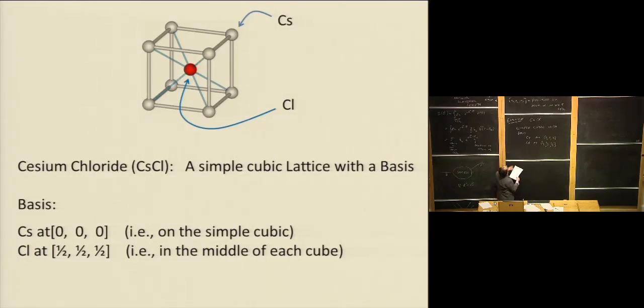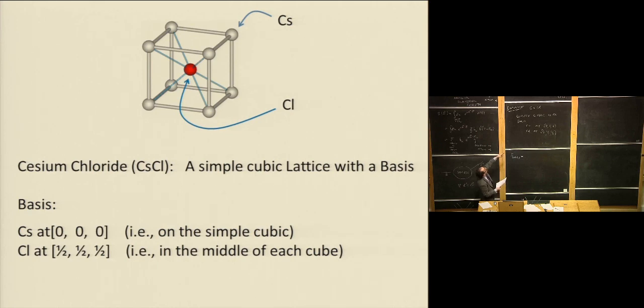So using that expression for the structure factor, we can write S at hkl equals, okay, so it's going to be a sum over the two atoms in the unit cell. So the first atom is at 0, 0, 0, so e to the 2 pi i, then we have a bunch of zeros upstairs. So the first term will just be f cesium, because e to the 2 pi i 0 is just going to give you 1.